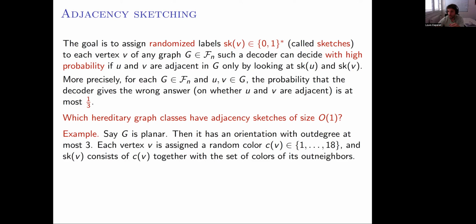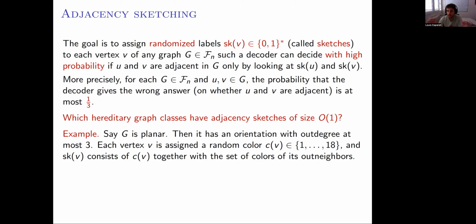And now what the decoder does, given the sketches of U and V, it checks whether the color of U appears in the colors of the out neighbors of V, or the color of V appears in the colors of the out neighbors of U. If they are adjacent, there is an edge, and it has to be directed in one way or the other. So the decoder will always guess correctly if they are adjacent.